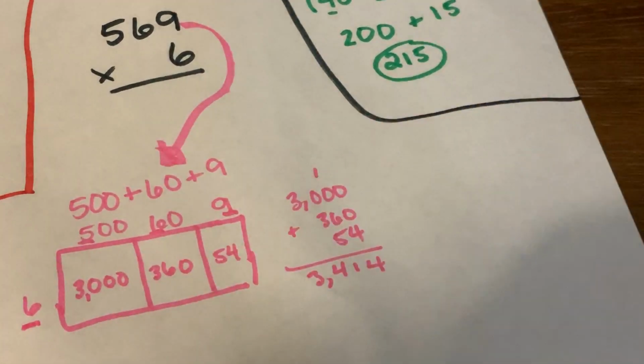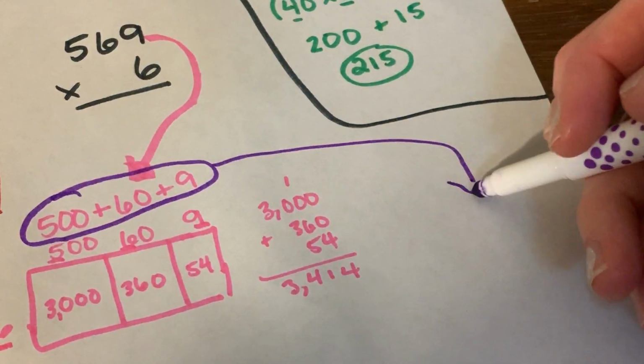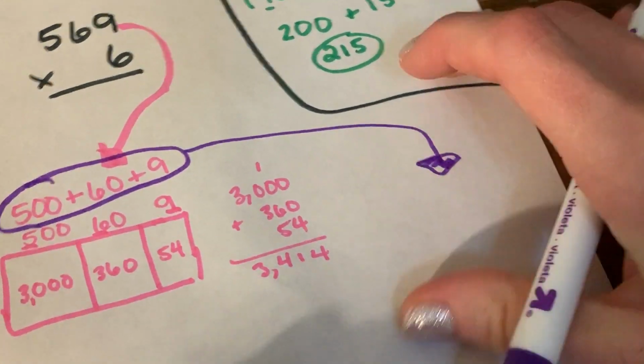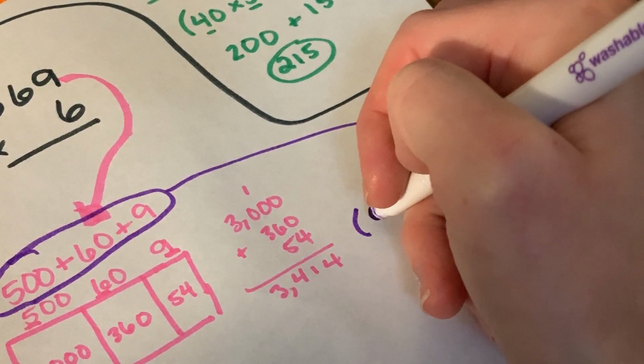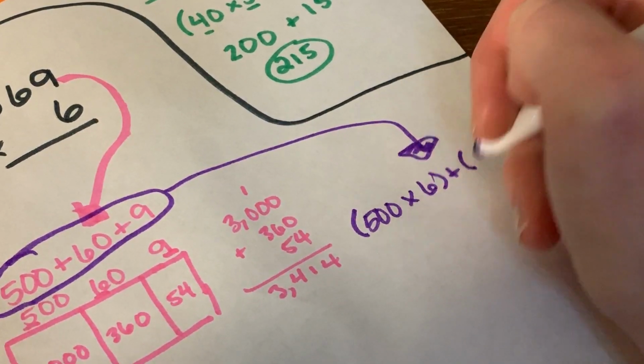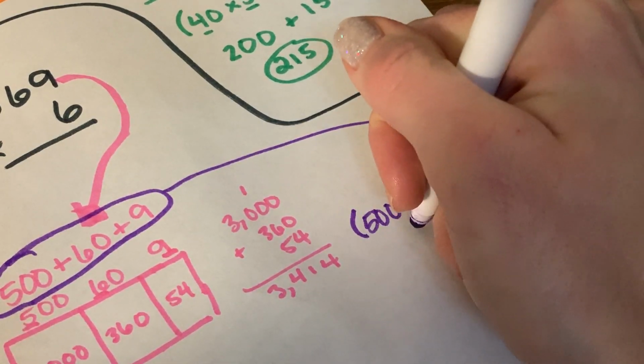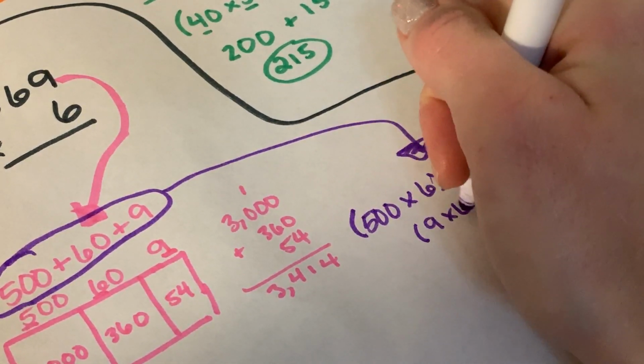If I want to go ahead and use the distributive property or partial products, then I'm going to take these numbers here, and I'm just not going to draw the visual. I'm going to write it in more of an algebraic way. 500 times 6 plus 60 times 6 plus, ran out of room, 9 times 6.